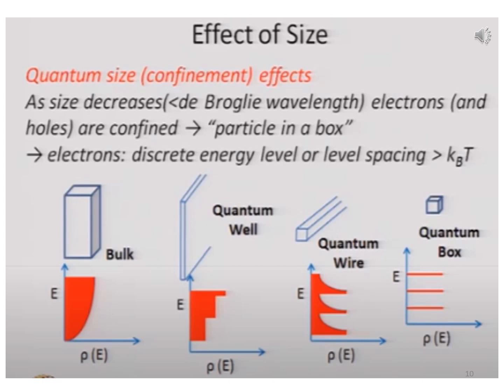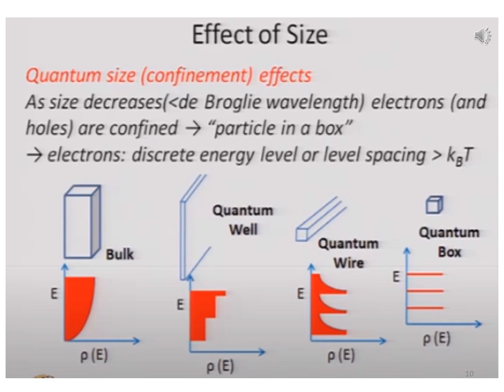Now, when the size decreases, like if we cut that bulk material into pieces and prepare a two-dimensional structure, known as a quantum well, then we are talking about quantum confinement or the quantum size effect. The properties of electrons and their energy levels are affected by changing the size.